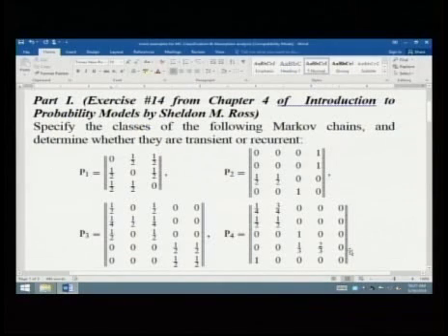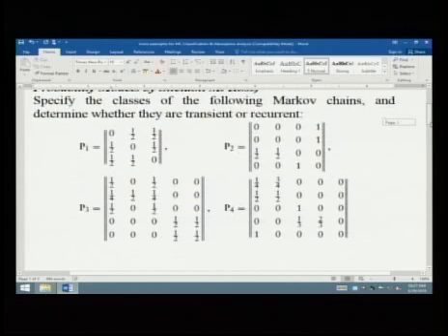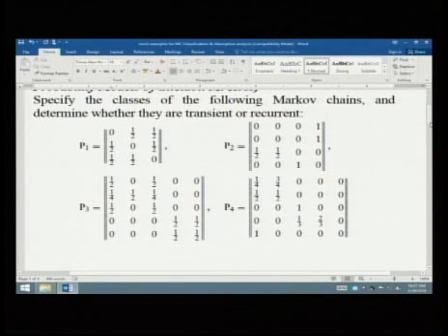Okay, so in this problem set, I want you to identify the classes for each Markov chain, and then after that, you can determine whether all the states within each class are transient states or recurrent states. Okay, so why don't you do that? I'm going to give you maybe a couple of minutes. So please try to figure it out.